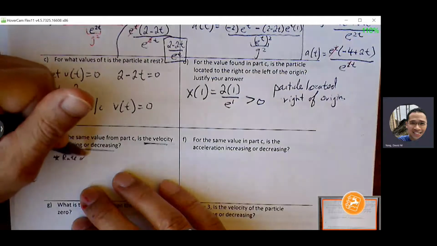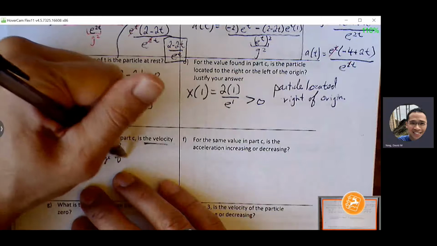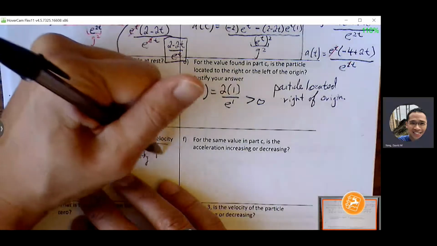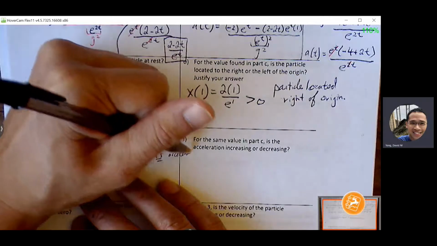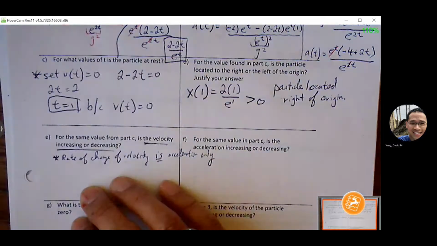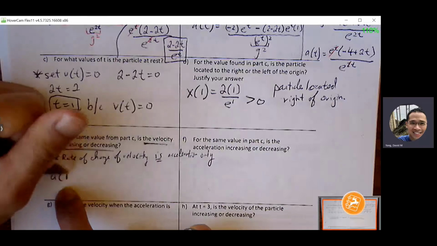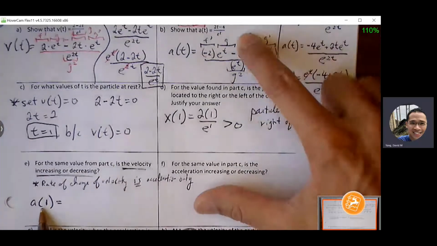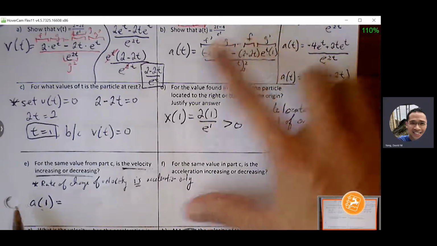So rate of change of velocity is acceleration only. All right, so acceleration at 1. So we take 1, insert it into acceleration, we get 2 minus 4 over e to the first power.